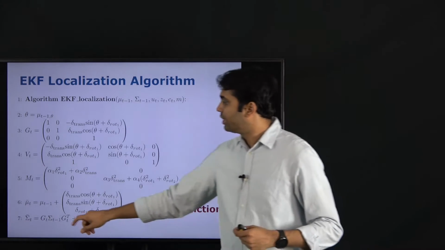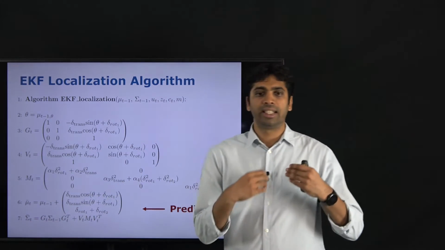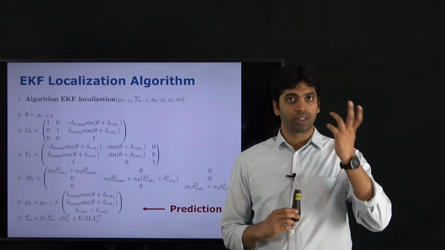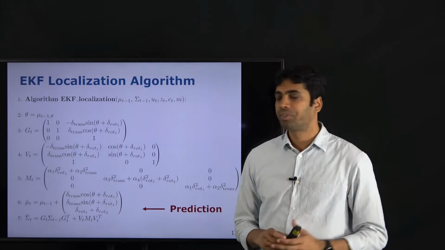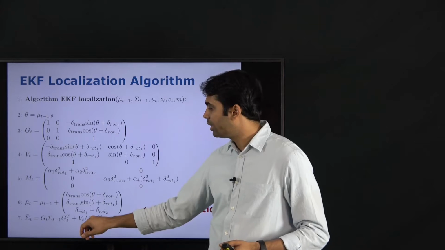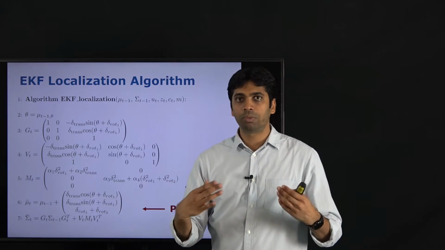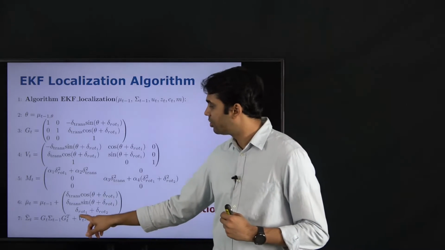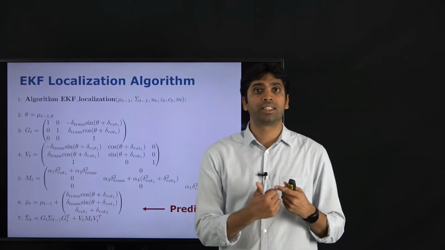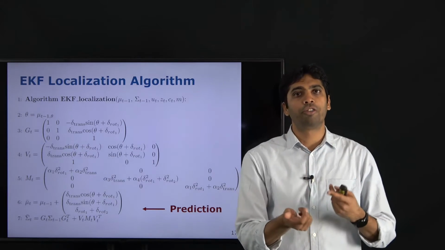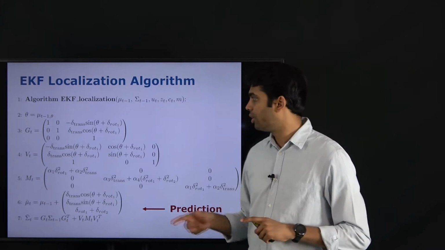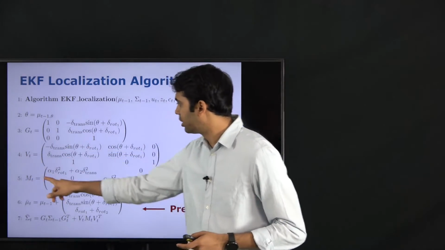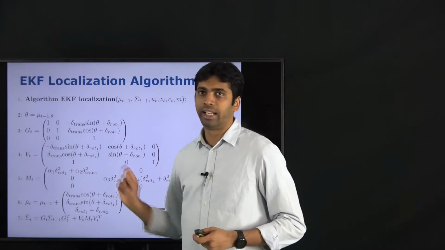And since this covariance is the one on your state, the covariance on x, y, and theta, we need to map the noise in the control space to the state space, and this transfer is done using this Vt, which is the Jacobian of your motion model with respect to your controls, and we have summarized the formula for Vt here.